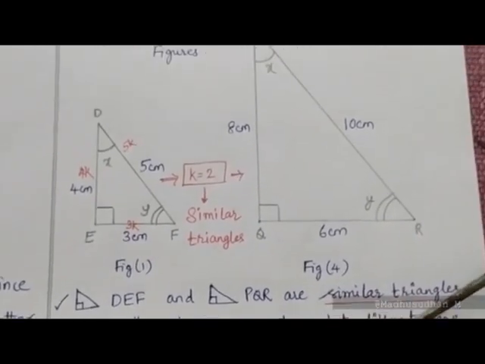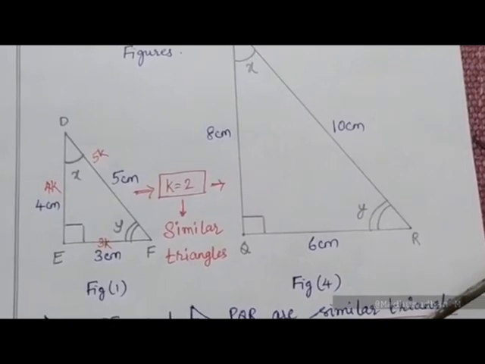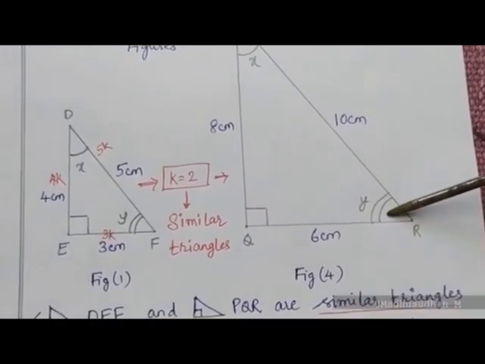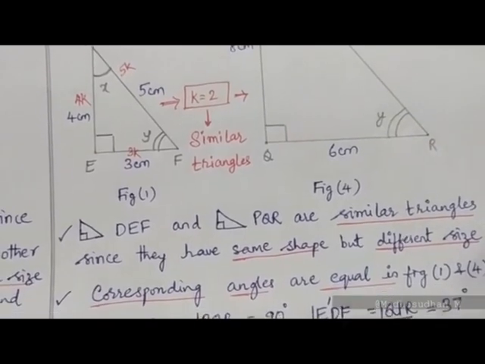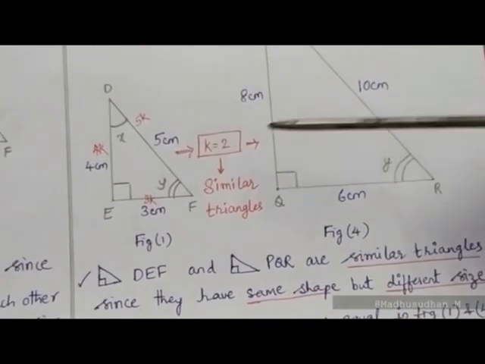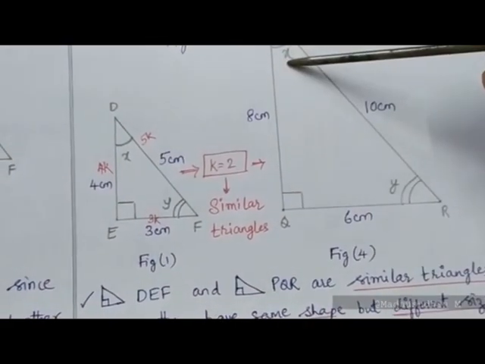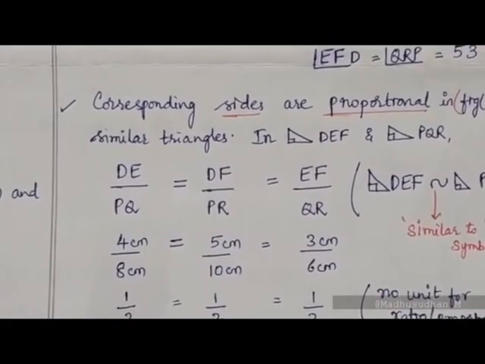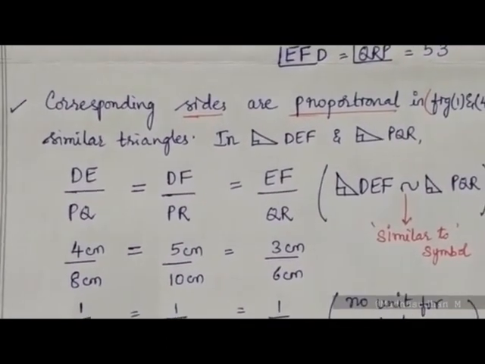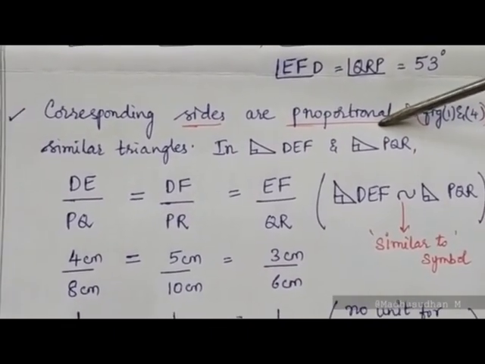So if a student has constructed in accordance with the geometrical measurement, he can find that angle Y is exactly equal to the same angle Y in figure 1, the same angle X in both figures 1 and 4. So the corresponding sides are proportional in the case of similar figures.